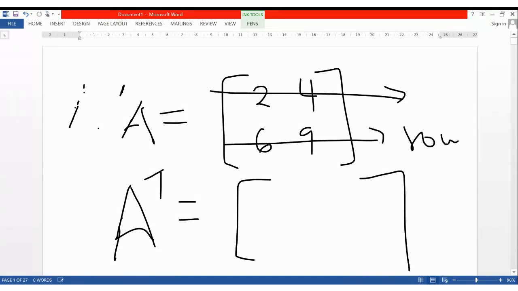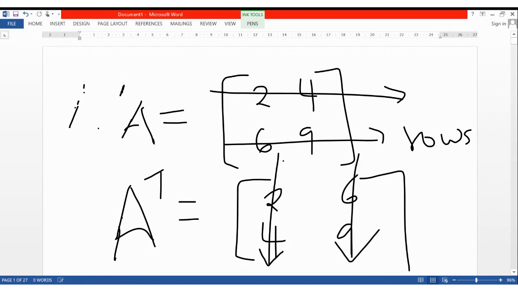So if I interchange, this is my row 2, 4, it will come here and become my column. And then 6, 9 again will become my column, like that. So it becomes a transpose matrix.